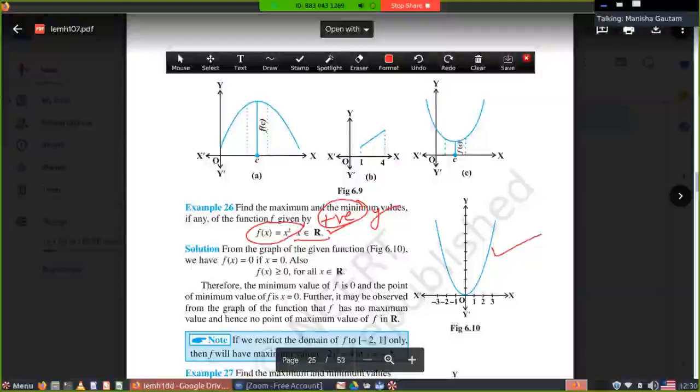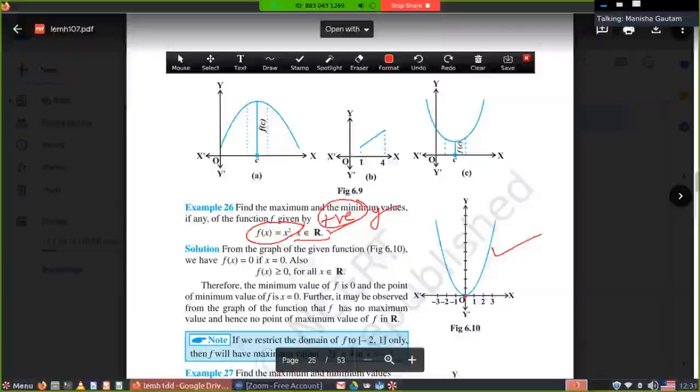What maximum value can we put at the place of x? Real numbers go up to infinity. You can't find out x which is maximum. If you can't get x which is maximum, then how can you get the maximum value corresponding to that x? So you can't get the maximum value. But at x is equal to 0, you can see the graph is showing the minimum value. This is a point where the graph is showing minimum value.